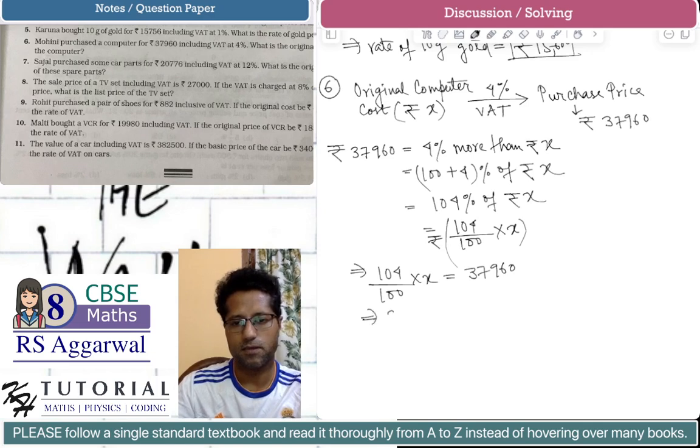This implies X is equal to 37,960 multiplied by 100 divided by 104.